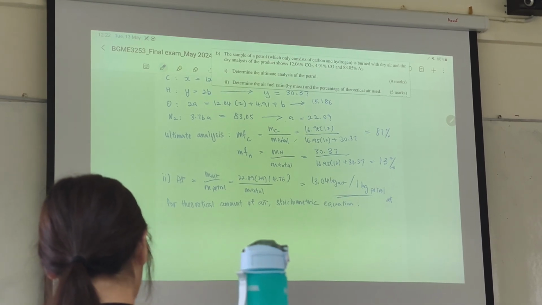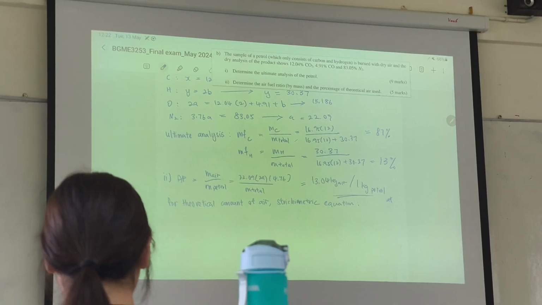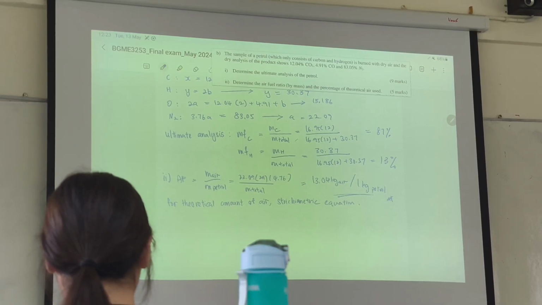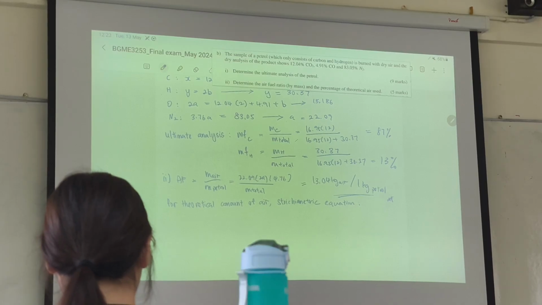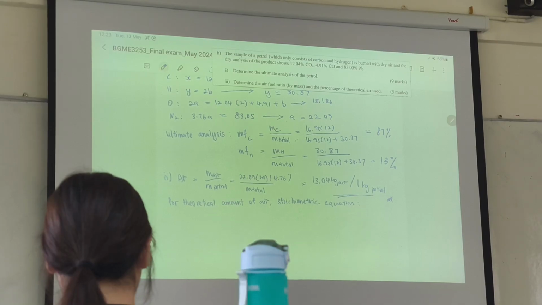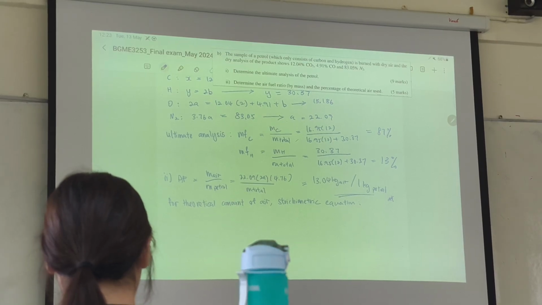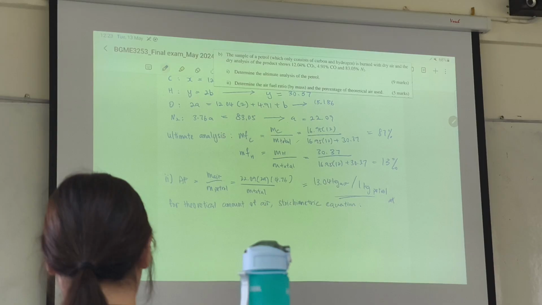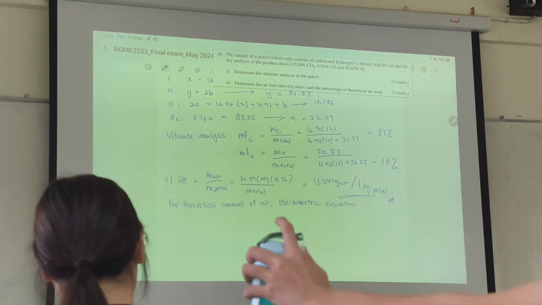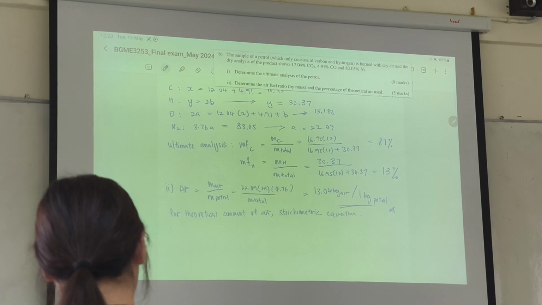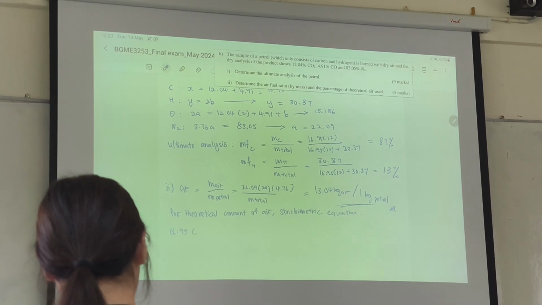But that is a very large number. So what I did here is actually from the 87% and the 13%, right? I convert it back again to mass. So meaning I assume back maybe 1 kilomole of fuel, then I convert that. But then that one is not really necessary. So if you don't find a big number, you can actually just use this one also.